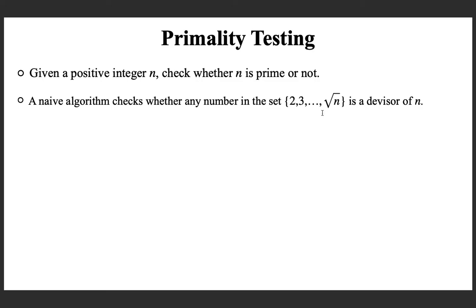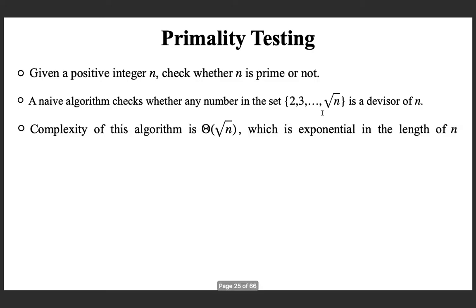This is a very common logic for primality testing, but it is a very costly algorithm. The complexity of this algorithm is theta of root n, because you have to inspect each element in this set to see whether it is a divisor, and which is in fact exponential in the length of n, which is the number of bits to represent n.